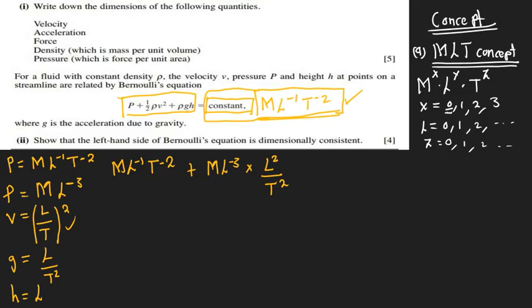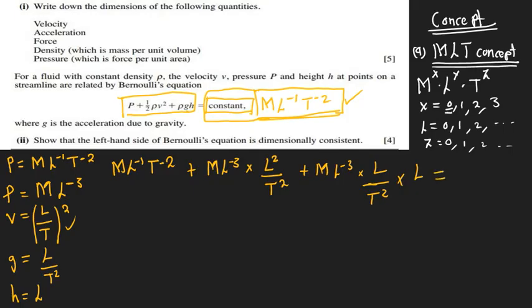It's here. Then this is going to be plus density. We said it is M L -3. Then gravity, we say that it is simply L over T2. Then this is going to be H. The dimensions are like that.